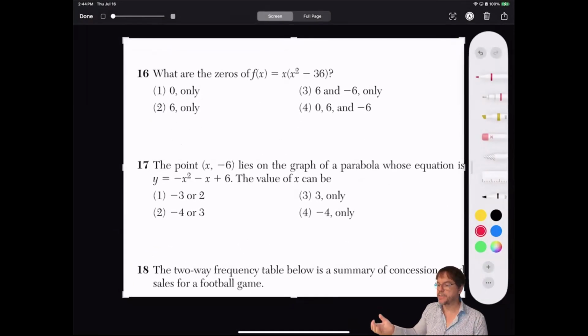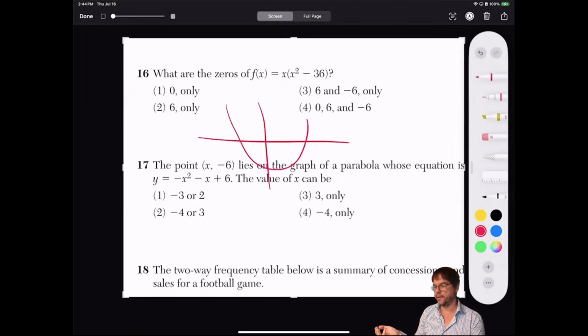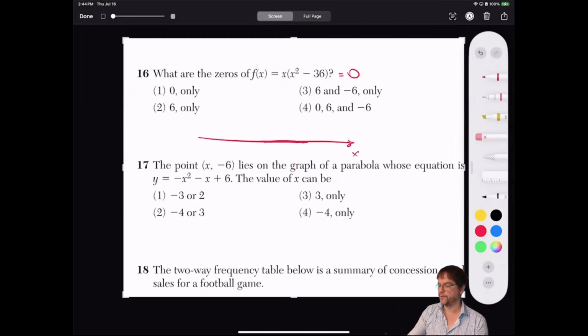What are the roots, the zeros, of f of x is equal to x times x squared minus 36? So when it crosses, whether it's a parabola or any other graph, is when it touches the x-axis. Why? When it touches the x-axis, the y is 0. So I will equalize this to 0. Is that okay?